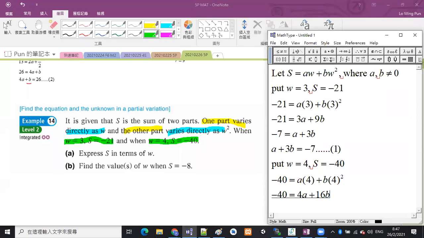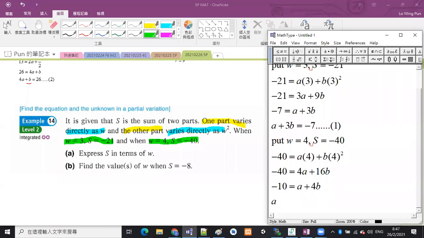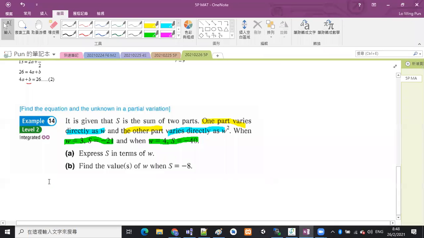And in this case, we have a common factor 4. So we divide every term by 4 here. So negative 40 over 4 is negative 10. 4A over 4 is A. Plus 16B over 4 is 4B. And then we write the unknowns on the left-hand side and label this to be equation 2. Okay, so let me paste here first.